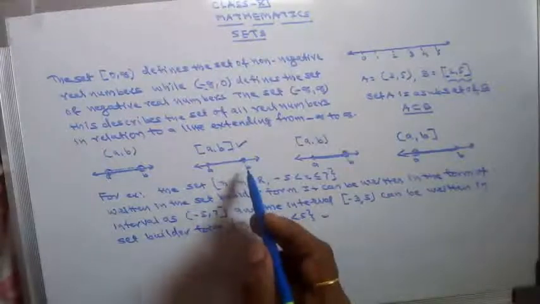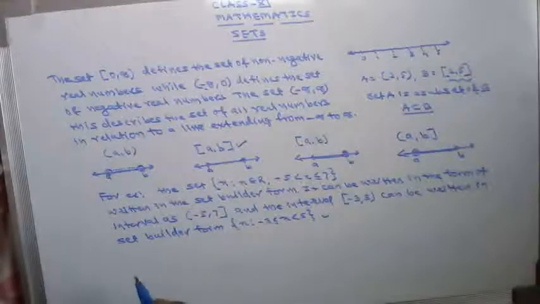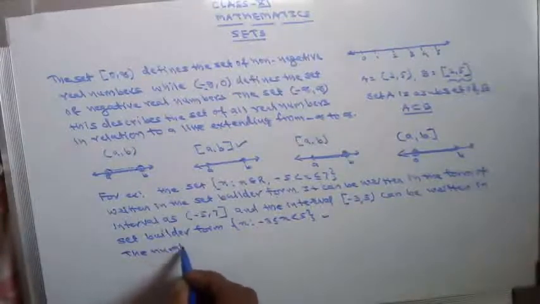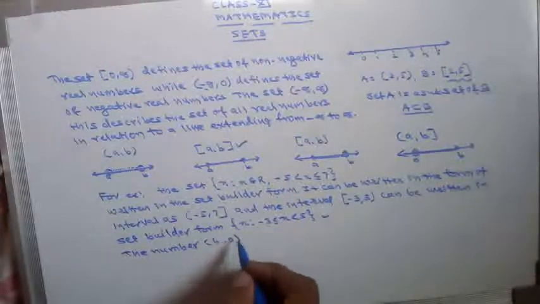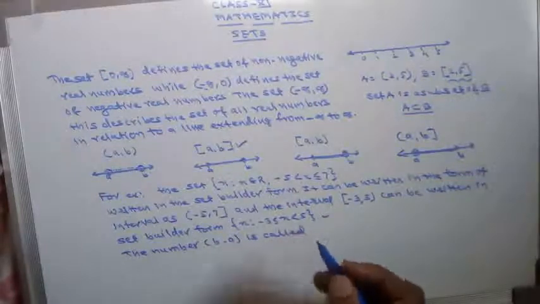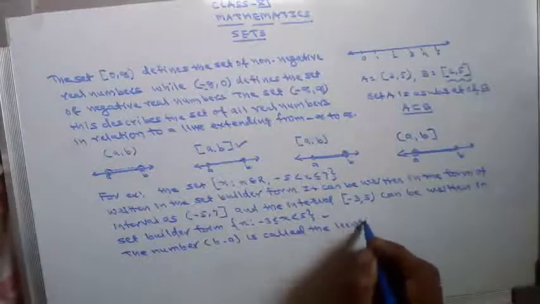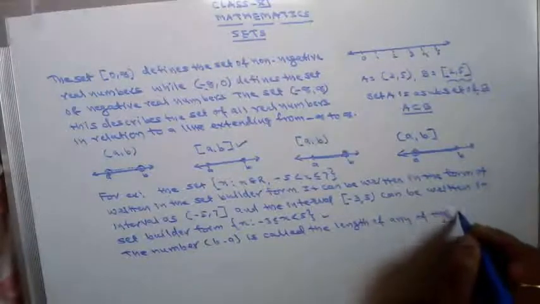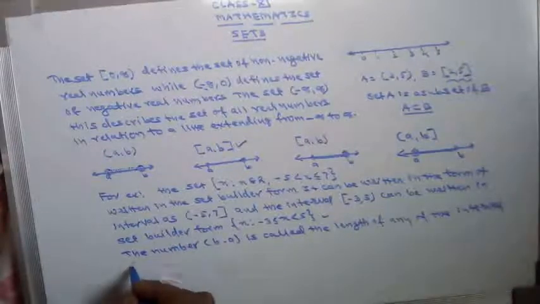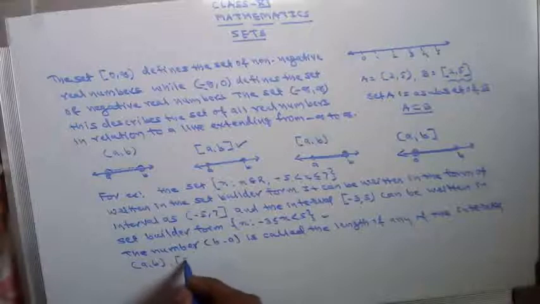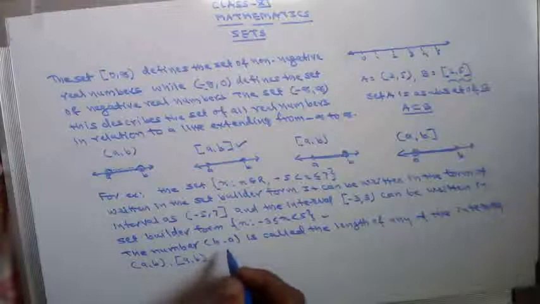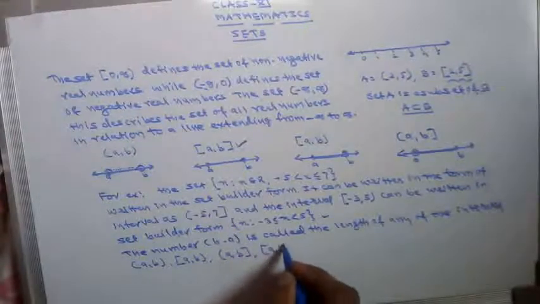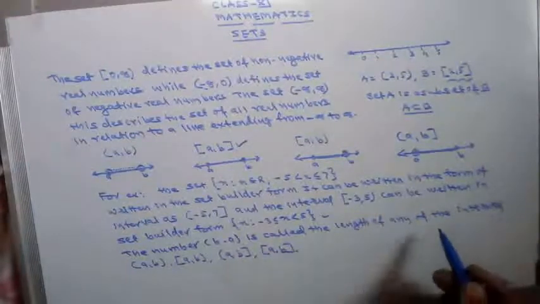Suppose I have a set A to B. The number B minus A, the difference of the two numbers, is called the length of any interval, whether it is open, half-open, or closed. Here, B minus A will be called the length of the interval.